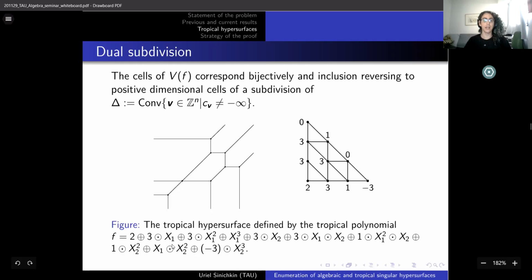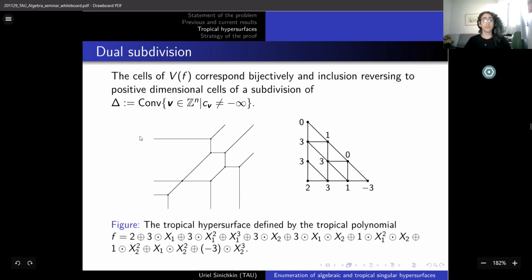Okay, so let's see an example. For example, I wrote some polynomial here, and I wrote the coefficients also on the vertices of the Newton polytope. So the 2 here is the coefficient of 0, 0, and for example, the 3 here is the coefficient of 1 and 1, so this coefficient.